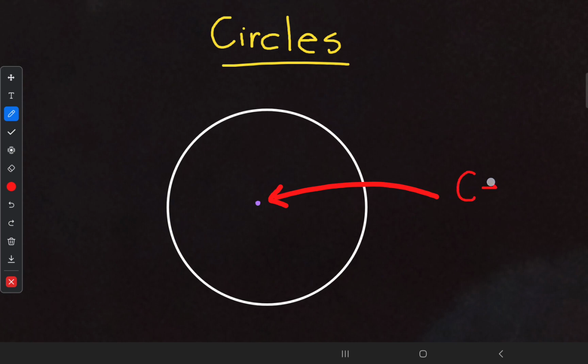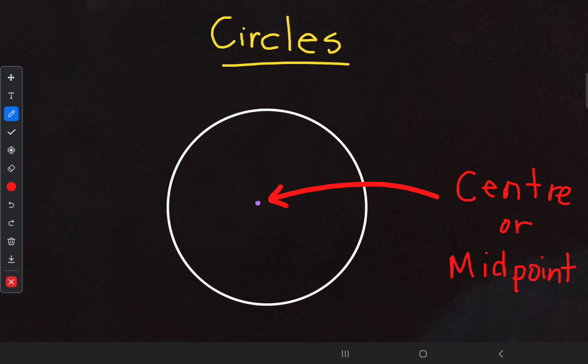These two terms are similar, so we can use them to identify the central point which we use to draw the circle. That is the first thing you should know.